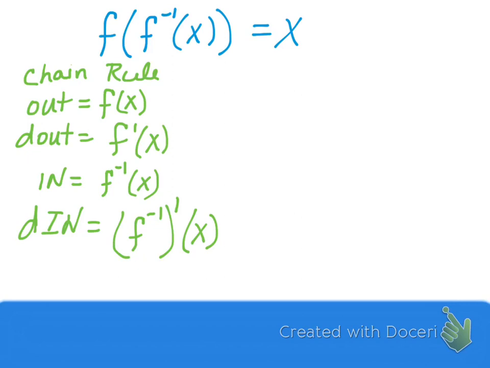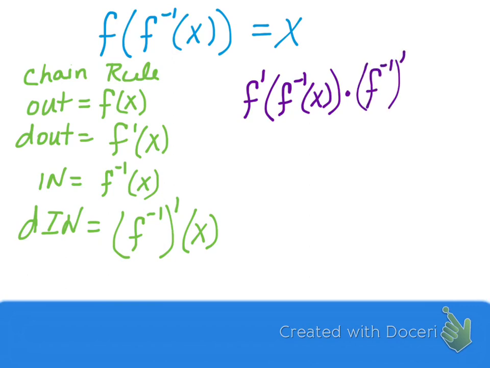Let's finish up the left-hand side. The derivative of f composed with f inverse is f prime at f inverse of x, which is the derivative of the outside composed with the inside, multiplied by the derivative of the inside, which the notation for that is f inverse prime of x.